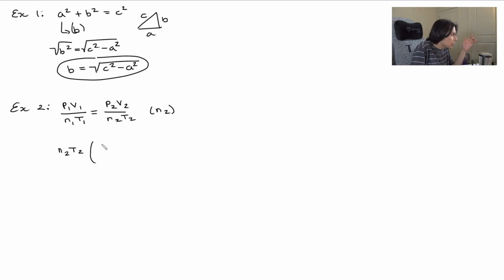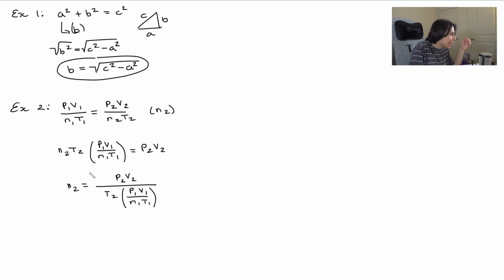So N2 T2 times P1 V1 over N1 T1 equals P2 V2. Then from here, all we have to do is divide by everything on the left side that is not N2. In that manner, N2 is equal to P2 V2 over T2 times P1 V1 over N1 T1. And hence this is our result.